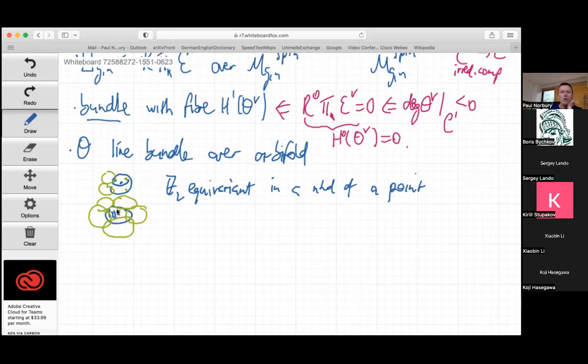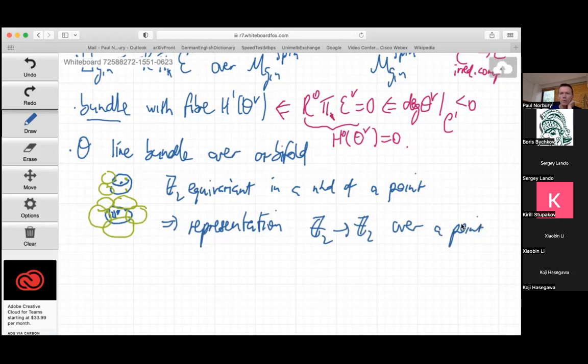But in particular, over the fixed point here, this Z2 action maps a fiber to the fiber. So therefore you get a representation from Z2 to Z2 over a point with non-trivial isotropy.